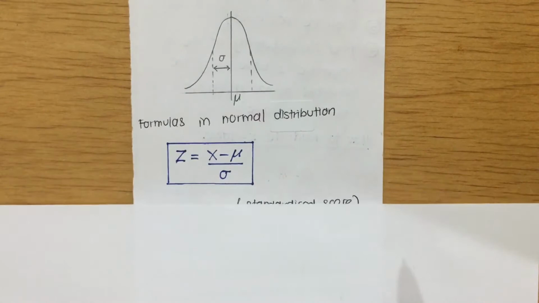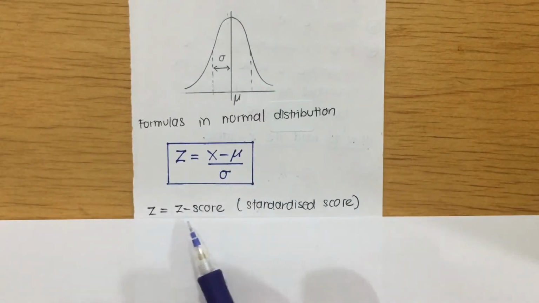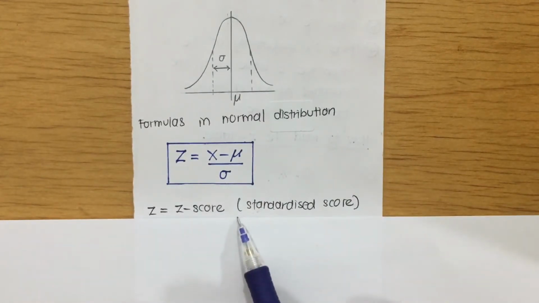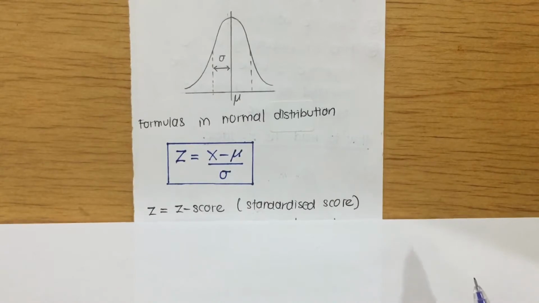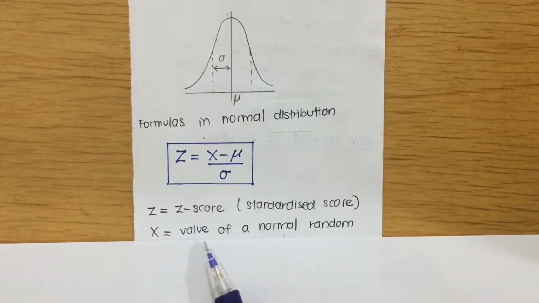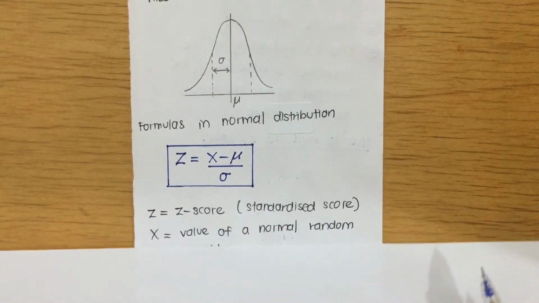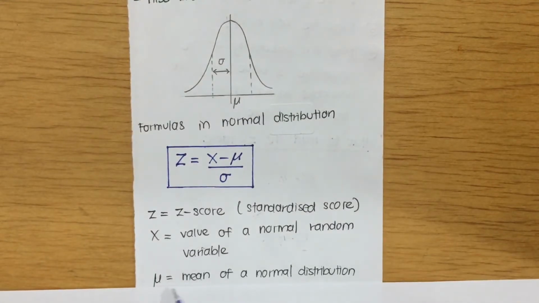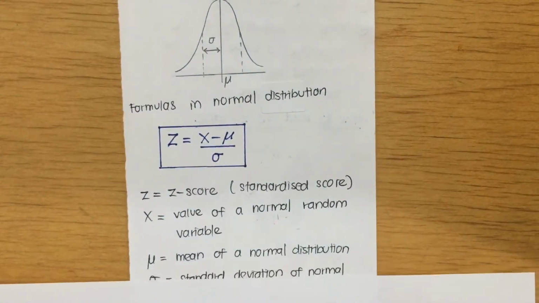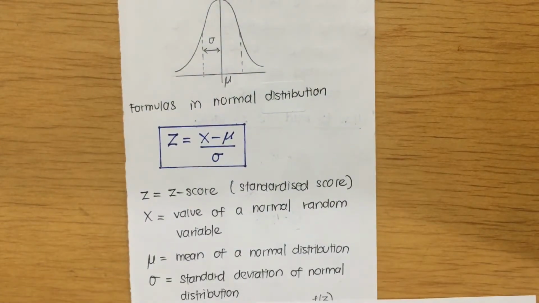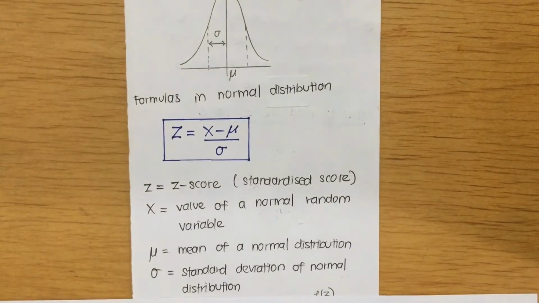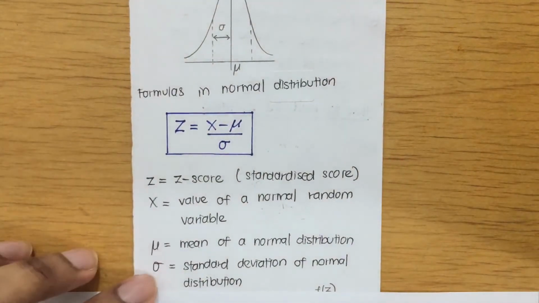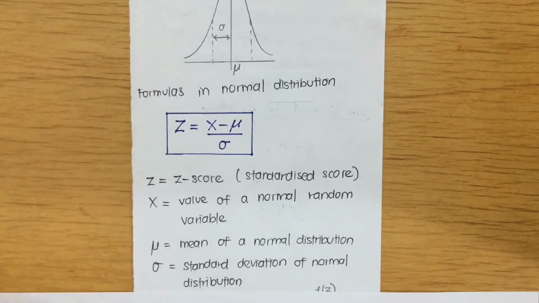Z represents the Z score, which is the standardized score. X represents the value of a normal random variable. This mu symbol represents the mean of a normal distribution. And lastly, sigma represents the standard deviation of the normal distribution. So these are the respective meanings behind these variables.